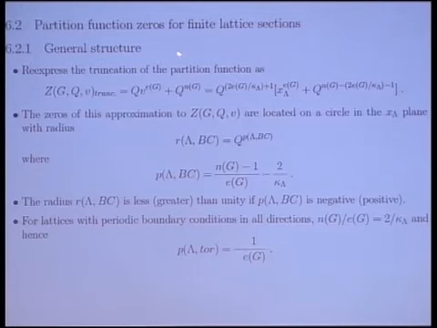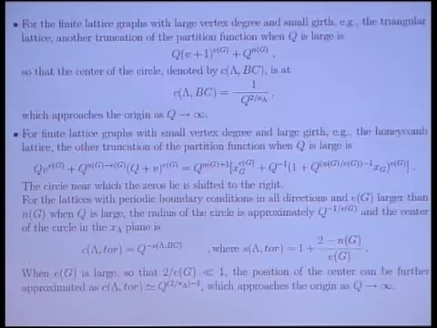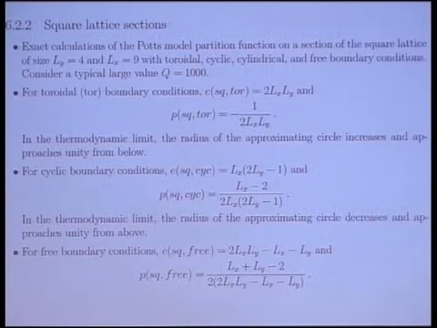Even for a finite lattice section, if we don't take the thermodynamic limit, and as long as Q is large enough, for the square lattice, as I just mentioned, if we keep only the first and last term of the partition function, we found it gives a very good estimation of the location of the zeros. So here is the figure for the square lattice.